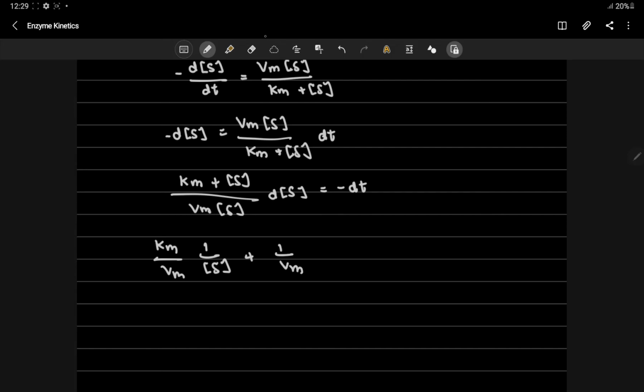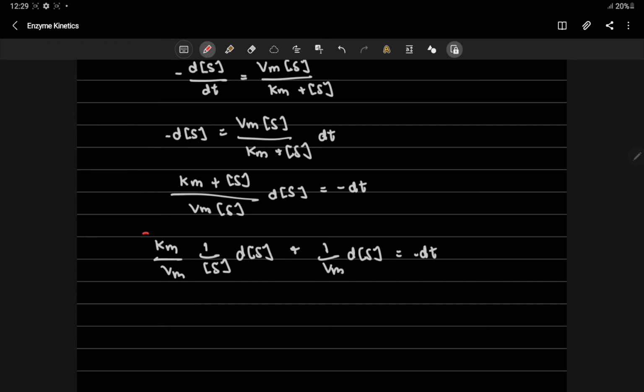Okay, I forgot to affix yung differential. So, the differential concentration of S, okay, plus 1 over Vm, the same, no? Differential concentration S equals minus dt. And then we can integrate.